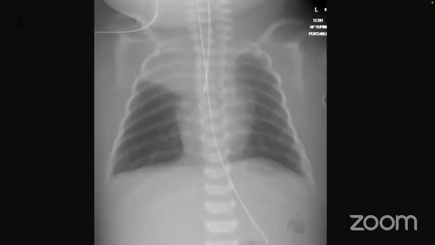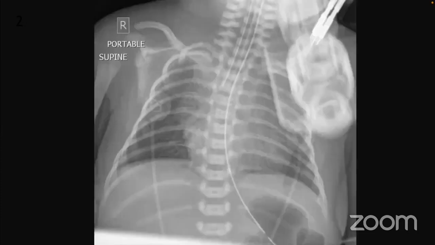Okay, this is the next one. My question here: what is the cause of the opacification of the right upper lung lobe here?